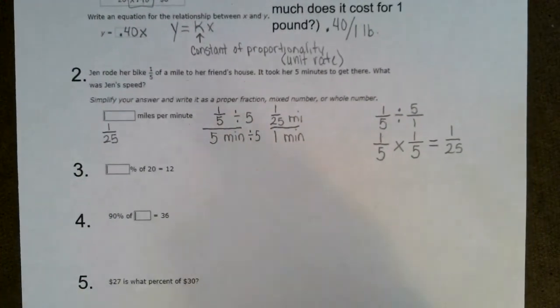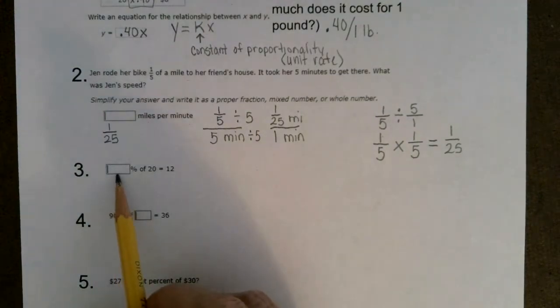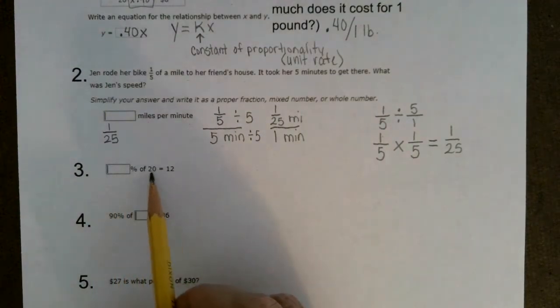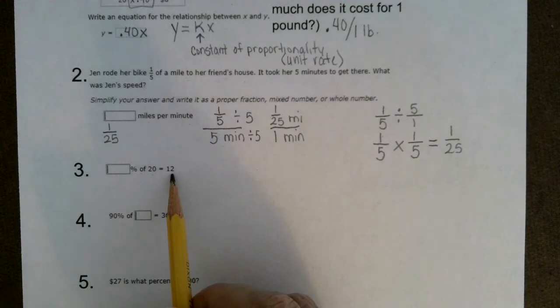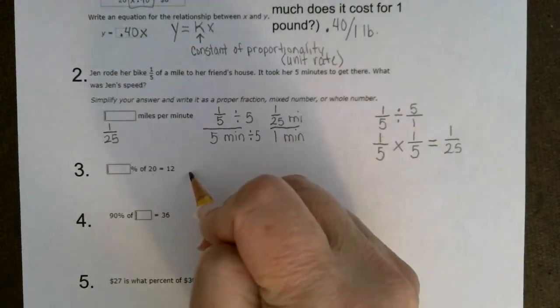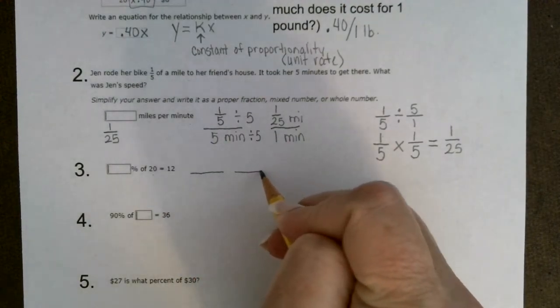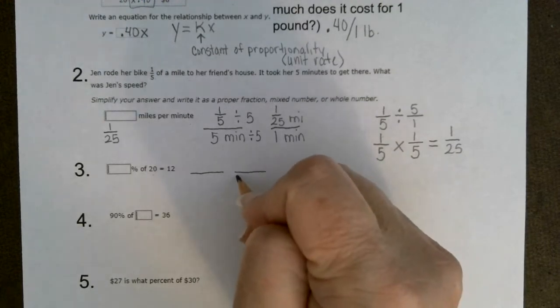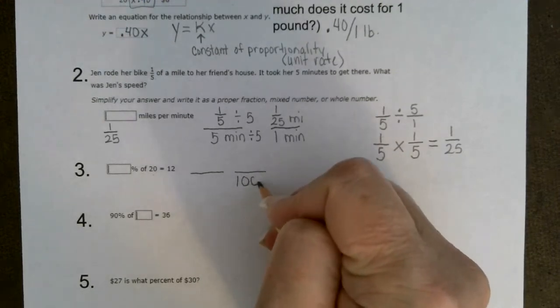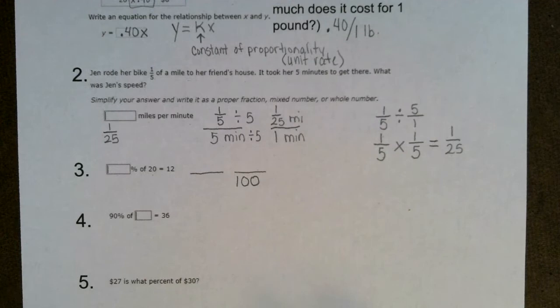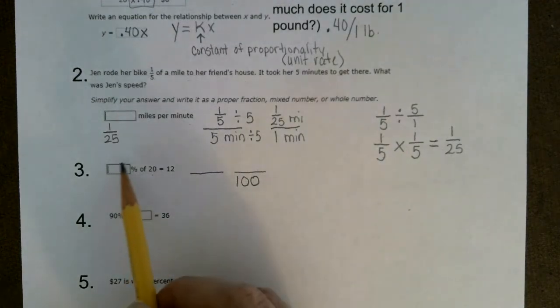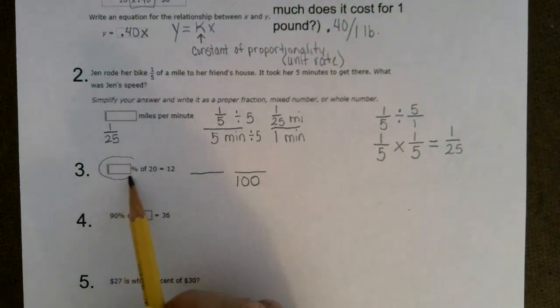Then we're looking at what percent of 20 is equal to 12. So I set up my percent proportion. I put my 100 in the lower left corner. I look through my problem to see if I have a percent.